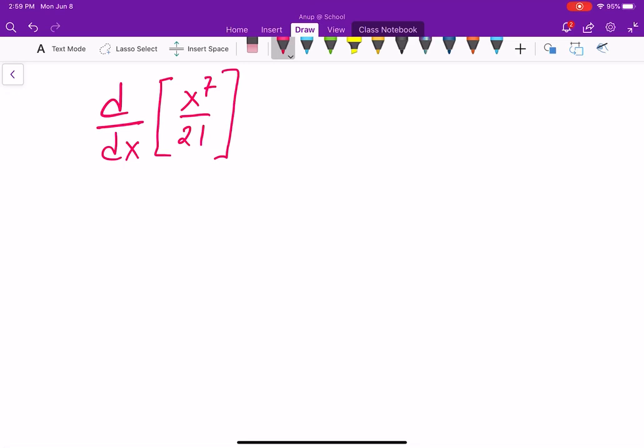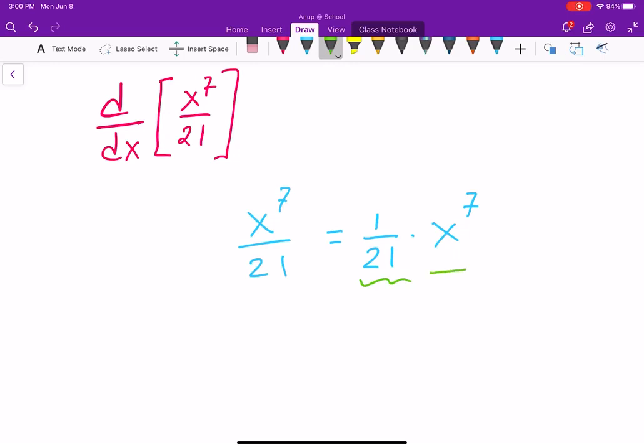To find the derivative of x to the power 7 divided by 21, you can clearly see this is the given function. It can also be rewritten as 1 over 21 times x to the power 7. When you do that, you can see there is a constant multiplied by x to the power 7.